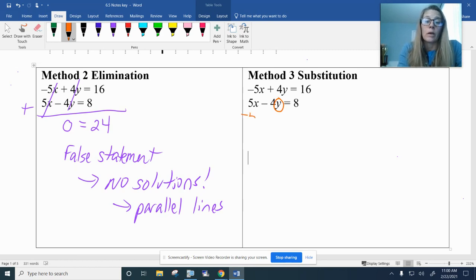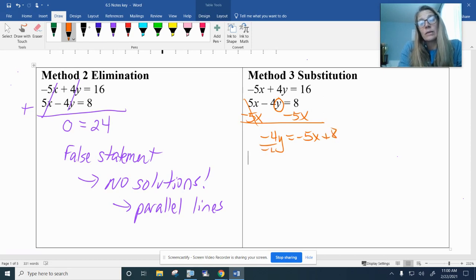So I'm moving my 5x to the other side. I have negative 4y equals negative 5x plus 8, dividing by this negative 4. And you should get the same y equals that we had in our graphing problem. It's the same.